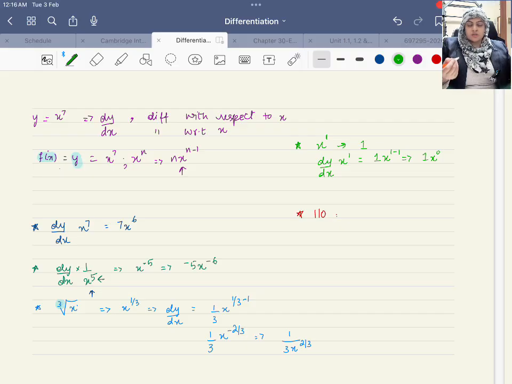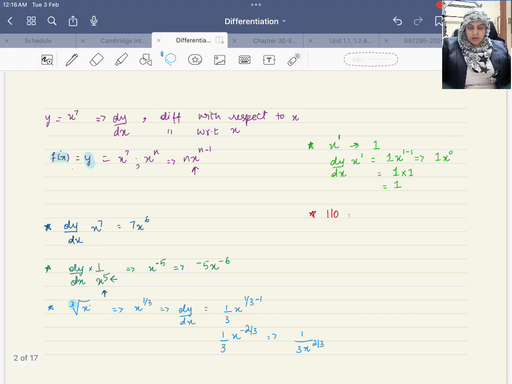Anything to the power 0 is equal to 1. So this is 1 multiplied by 1, which is ultimately equal to 1. What happens if we have a coefficient attached with x and x has the power 1? We will look at it as the lecture proceeds.